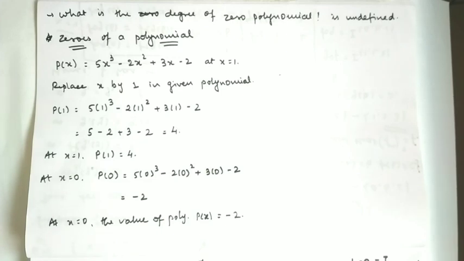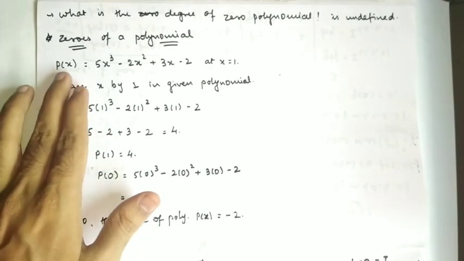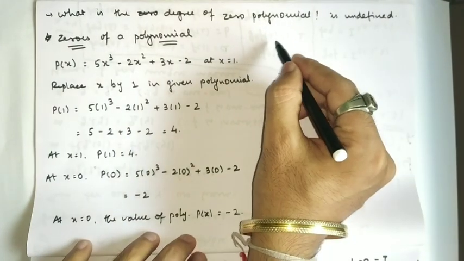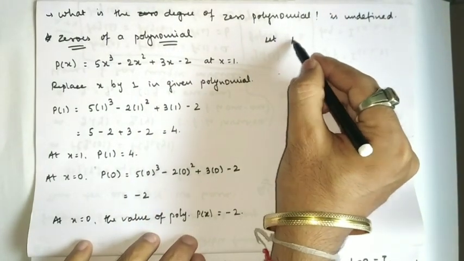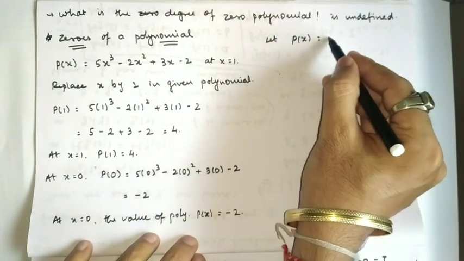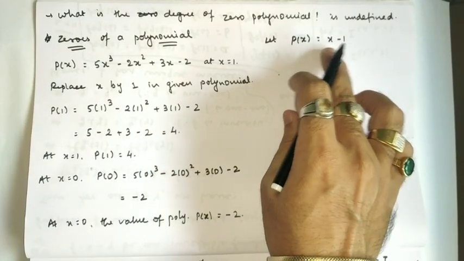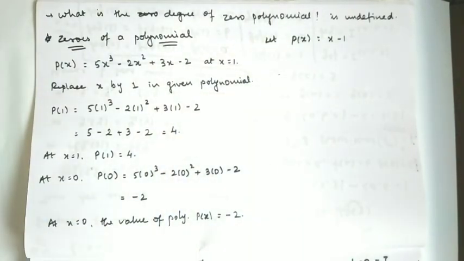Now what if I put such a value of x that this polynomial value becomes 0? So I'll give you an easy example. Let's say the polynomial is p of x equals to x minus 1. So what can I put in place of x such that this polynomial value will become 0?